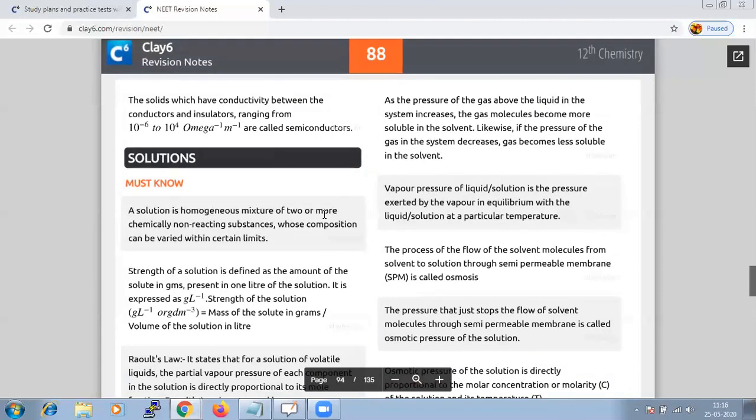We categorize them as ideal solutions, and if a solution does not obey Raoult's law, we say that it is a non-ideal solution.